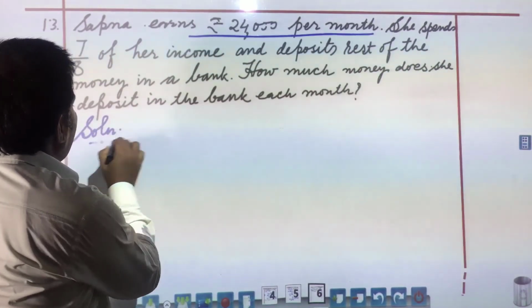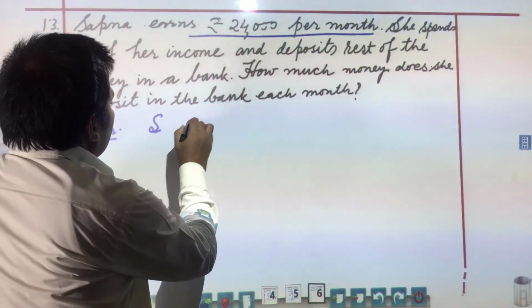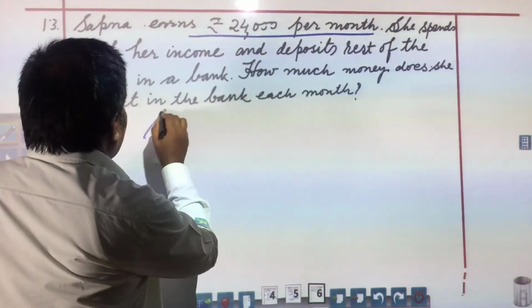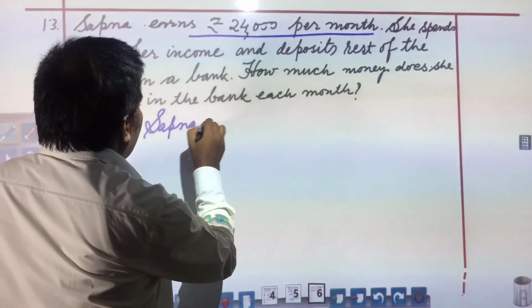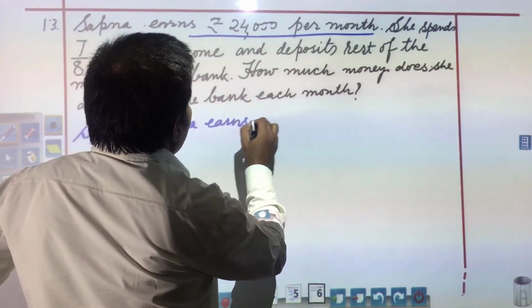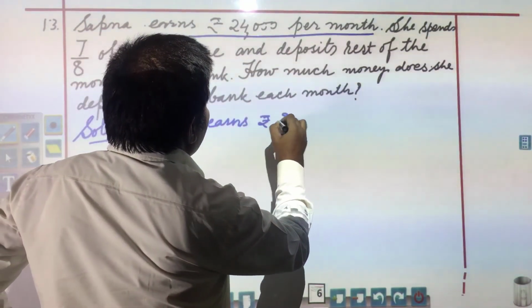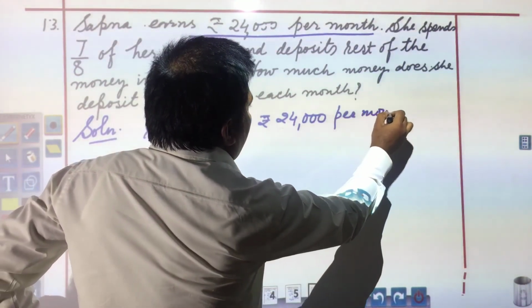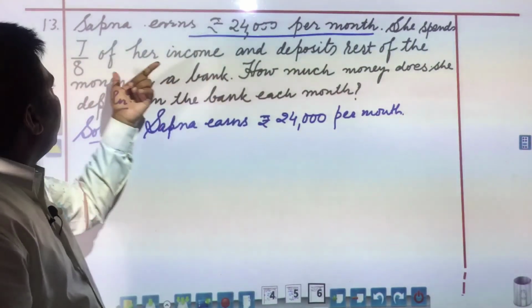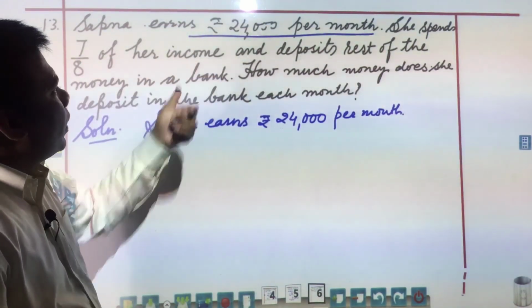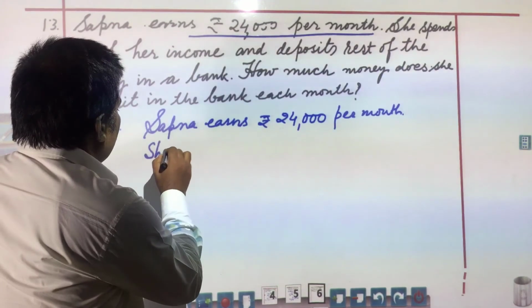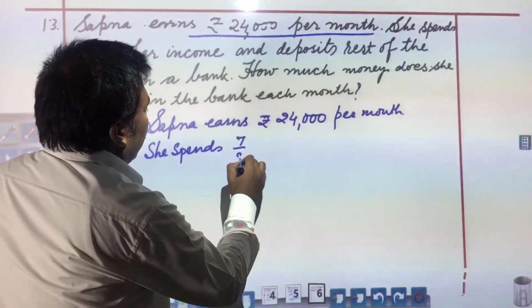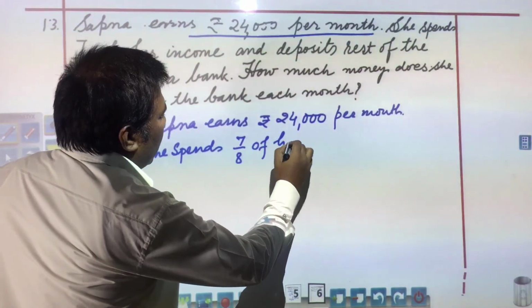You see, Sapna earns 24,000 rupees per month. She spends 7/8 of her income.